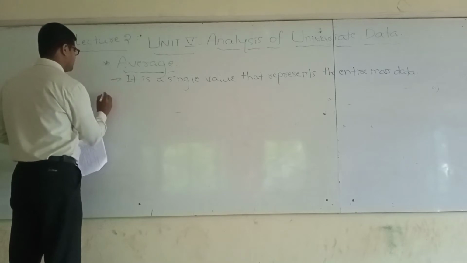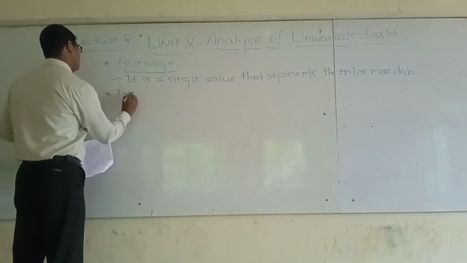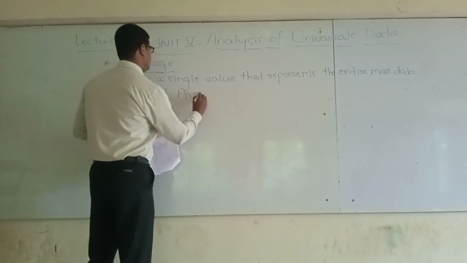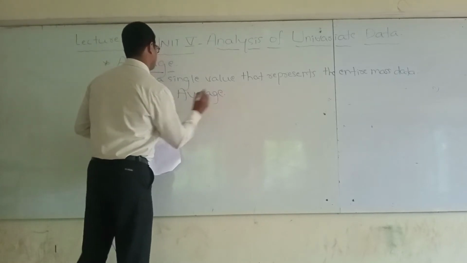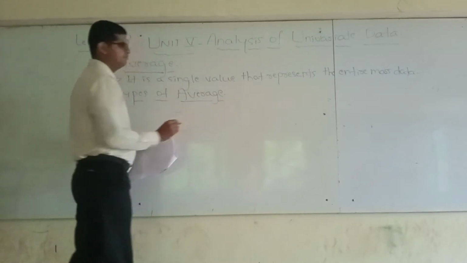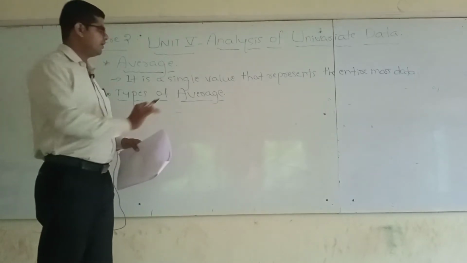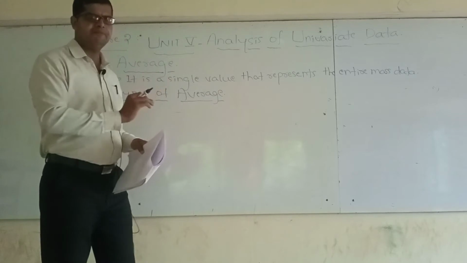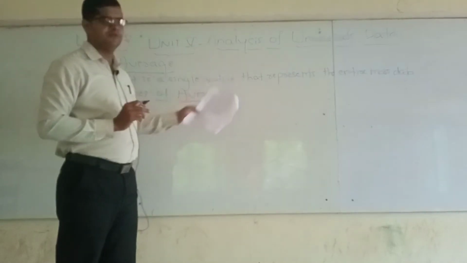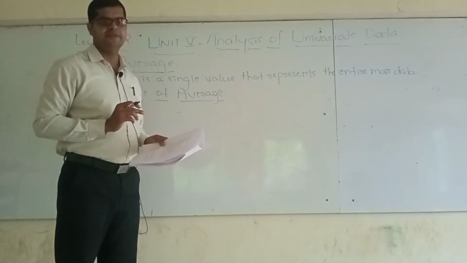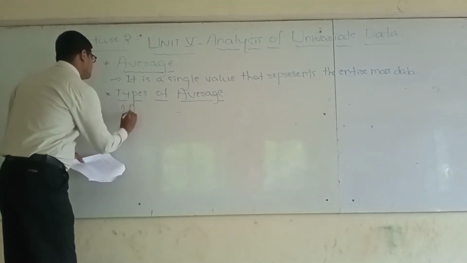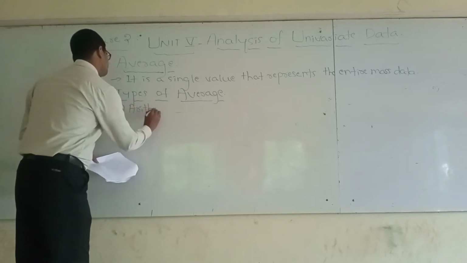So this is our first heading, types of average. There are different types of average, but every time we get a single value that represents the entire mass data. So what are the types of averages? Number 1, arithmetic mean.